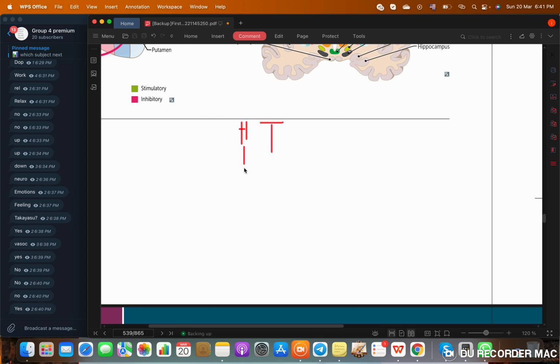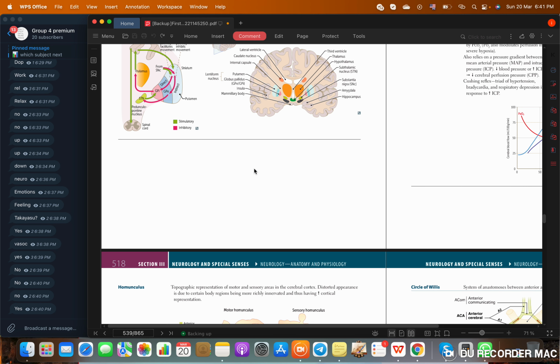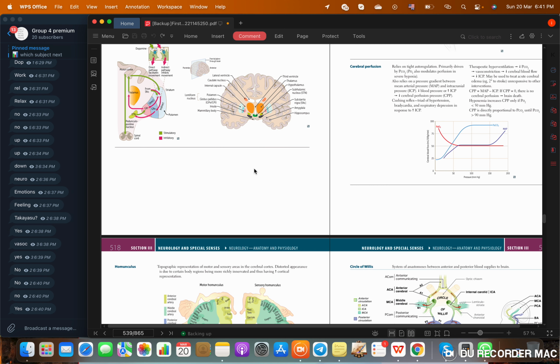So if you don't have the hippocampus, new memories cannot go through. So this is a memory, and now it cannot go through. Old memory, however, is intact. It's untouchable.